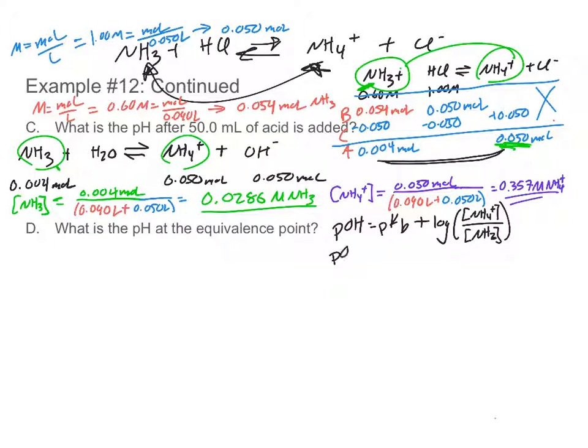So in this case, I have the pOH is equal to the pKb, which I need to calculate. But I can calculate it because I know the Kb from the page before.